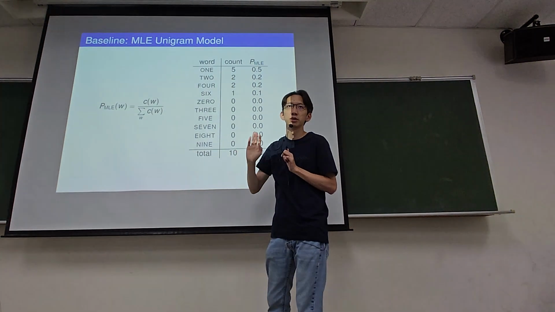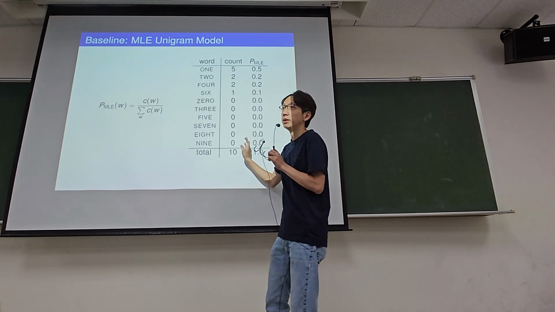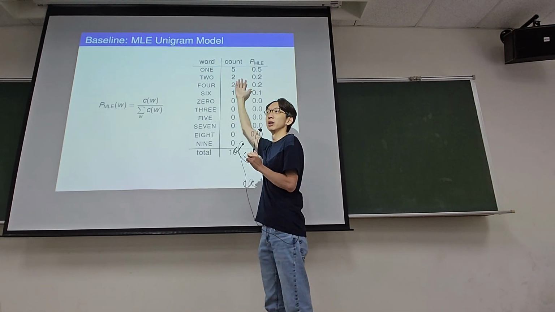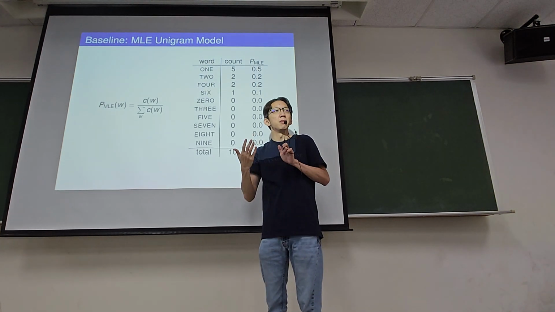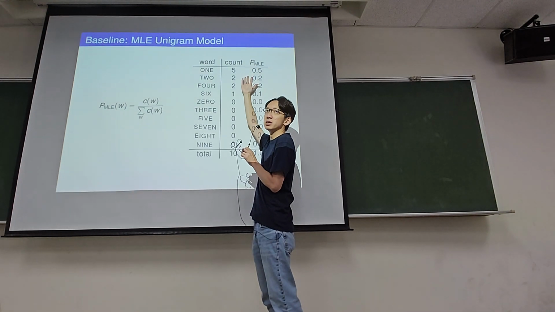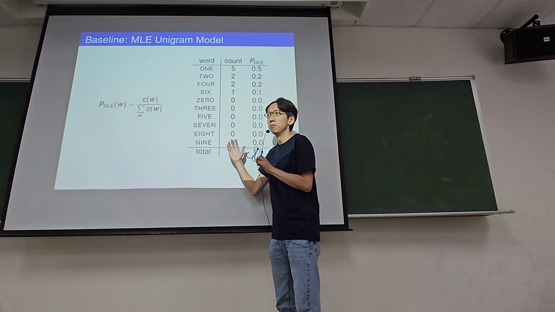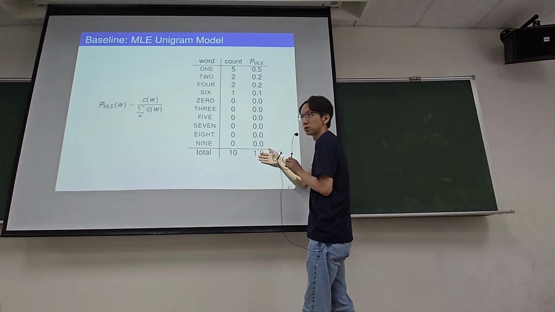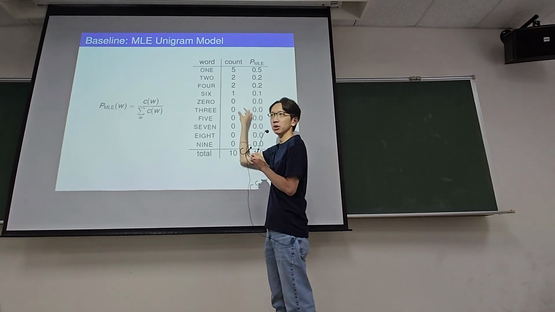So when you say all these 0-count words have to have some probability, that means these have to be somewhat lowered, so that the total probability still sums up to 1. Now it's a matter of how we move some of the probability mass from here to here. All those things are called smoothing. Making sure there are no zeros, but because they all need to sum up to 1, you have to take some part from here and move it there.